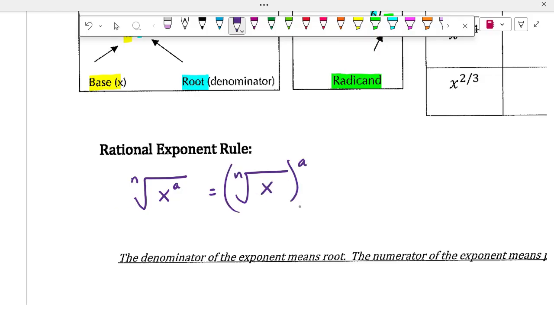Those are the exact same things. You just see them written two different ways. I'm just showing you that they can be written in both those ways. As a fractional exponent, it's x raised to the a over n. So in other words, you take whatever it's raised to, which is your a, that's your exponent, and then put it over whatever your index is, or your n.